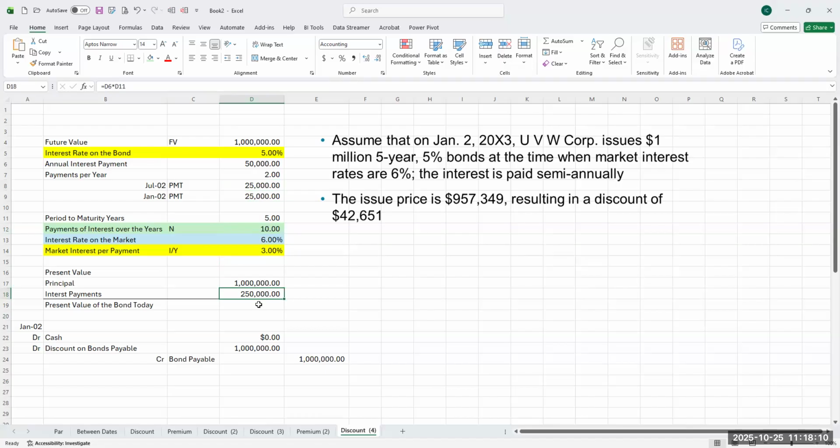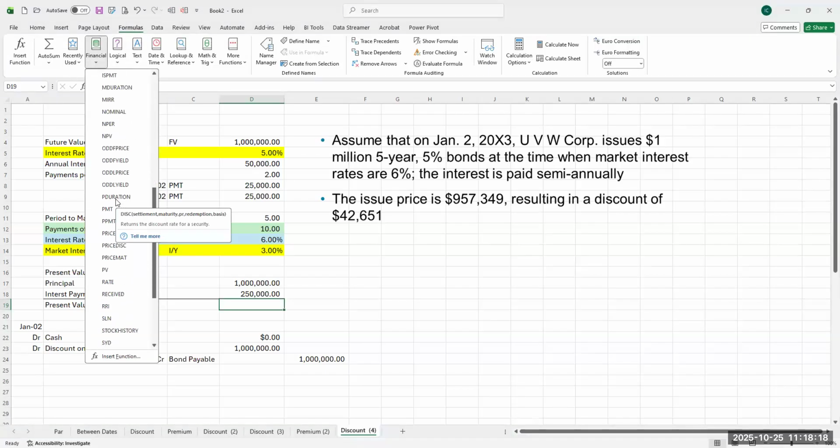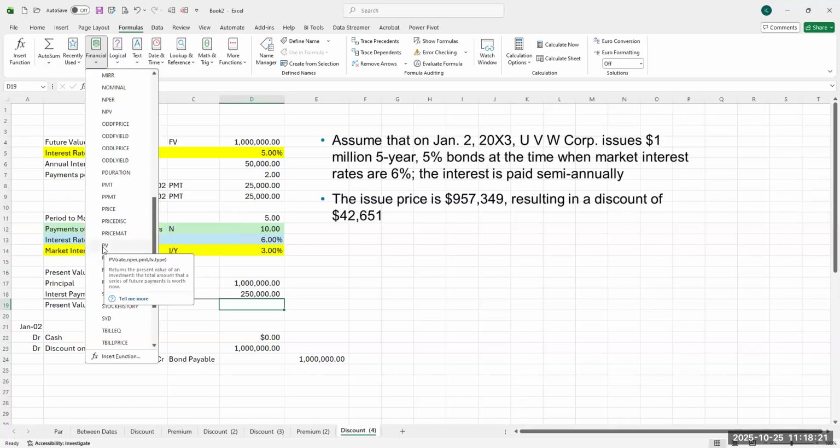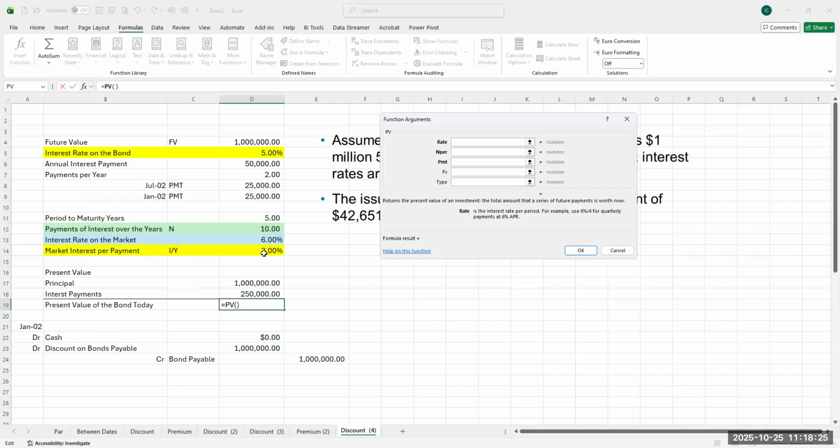What's the present value of those two amounts? So for the present value, again, we're going to go to the formula. We're going to go financial. We're going to scroll down to the present value. And we're going to start plugging in the information. Rate is market rate, 3%.